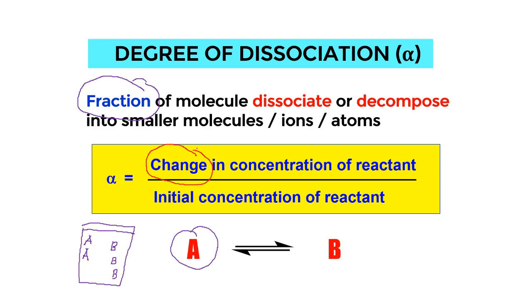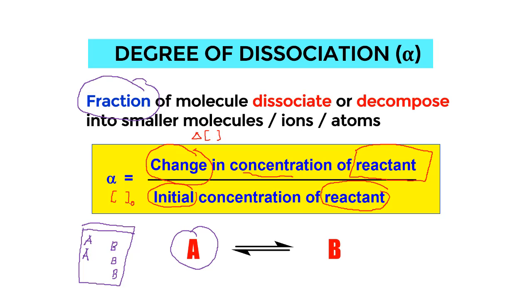From the reaction table yang saya dah tunjuk dalam pengiraan yang lepas, kita akan fokus kepada the change in concentration of the reactant, divided by the initial concentration of the reactant. The symbol is this one.